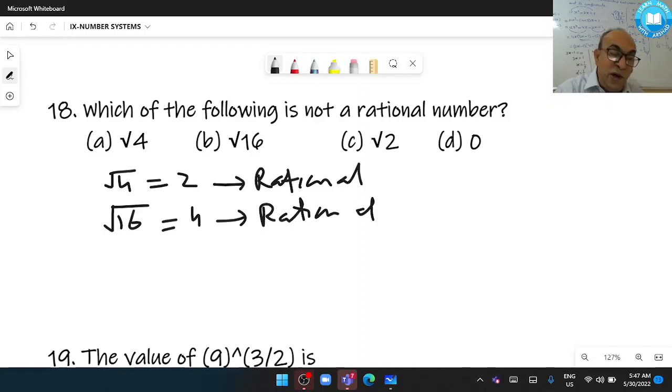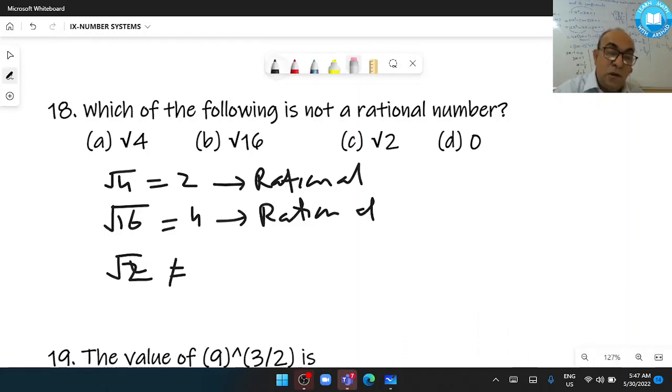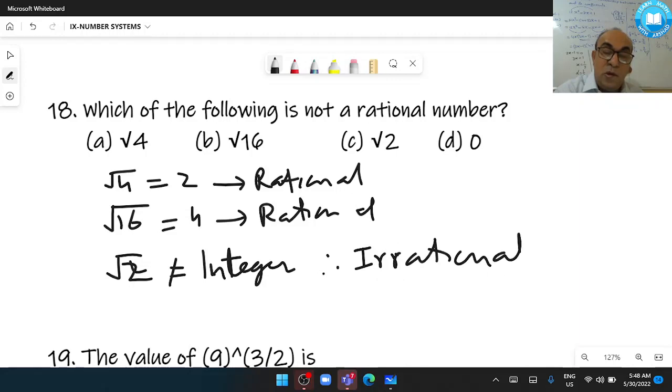And square root 2 is not equal to a whole number, not equal to an integer. Therefore it is irrational. So this is the answer.